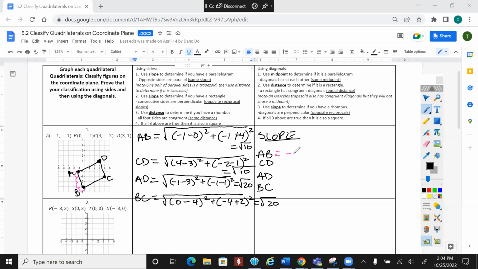So A to B is going to be -3. B to C is also going to be -3 because, again, you're going down 1, 2, 3, and then over 1. From A to D, that's going to go up 1, 2, over 1, 2, 3, 4. So that's going to have a slope of 1/2. BC is going to be the same.